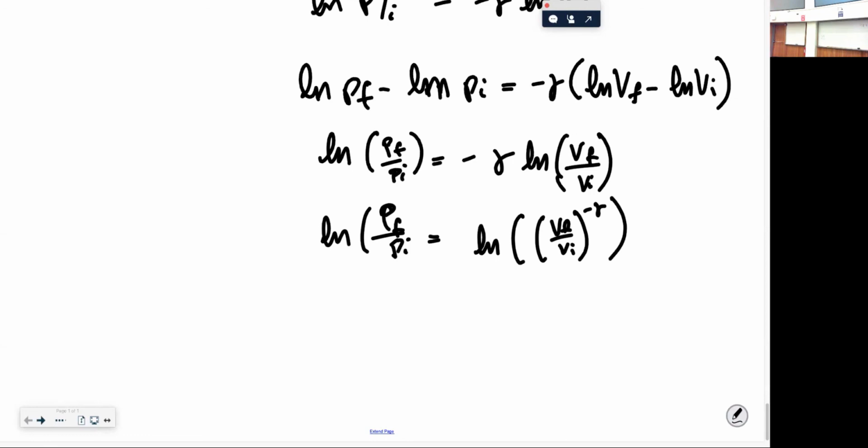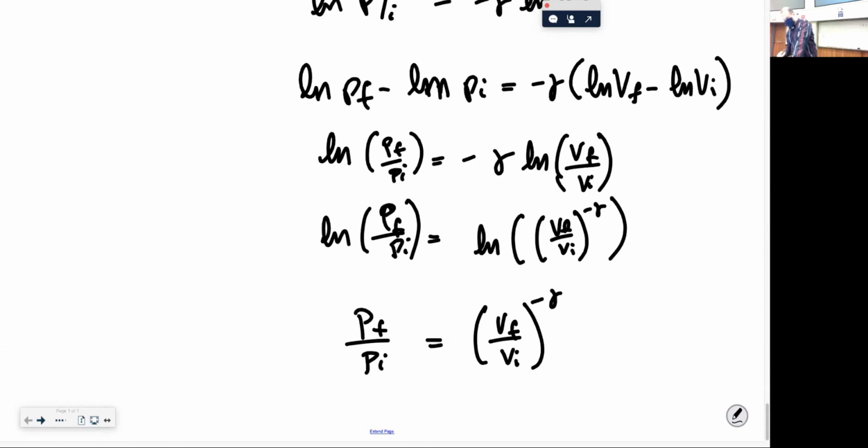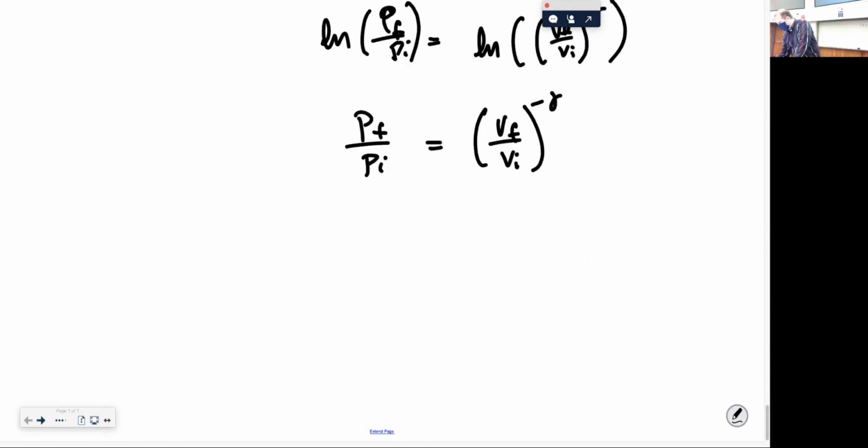And now you can take e to both sides and get rid of the logs altogether. And you get pf over pi is equal to vf over vi raised to the negative gamma. Or if you prefer proportionalities, p proportional to 1 over v to the gamma.